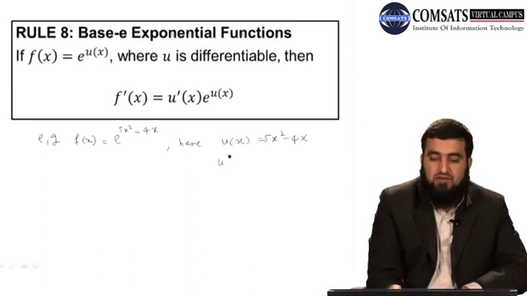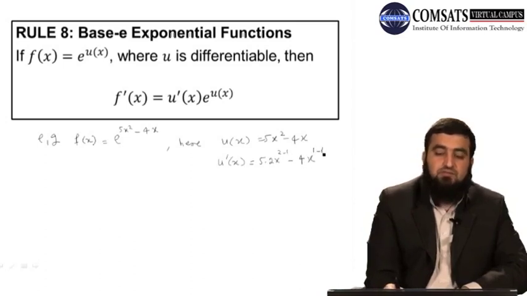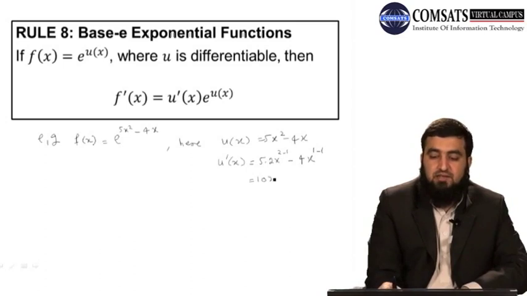So u prime of x, here we will use the constant times the function and also the power rule. 5 times 2x to the power 2 minus 1 minus 4 times x to the power 1 minus 1. तो ये आपके पास आएगा 10x और ये आपके पास आ जाएगा -4, क्योंकि x to the power 0 आएगा और वो 0 होगा.